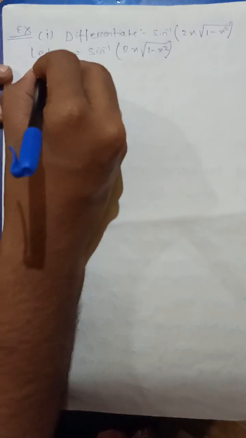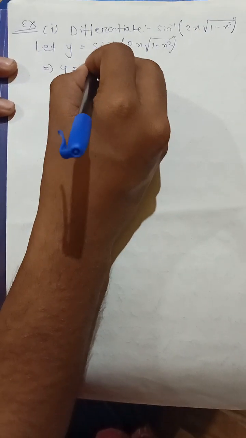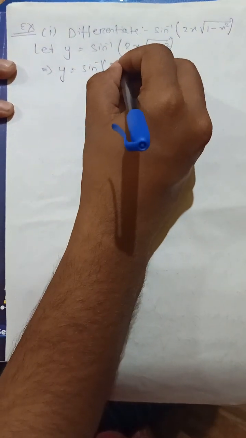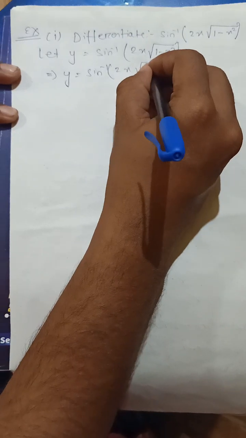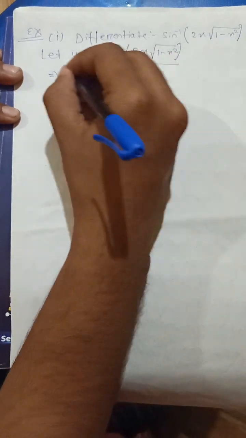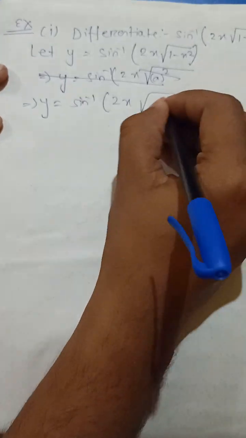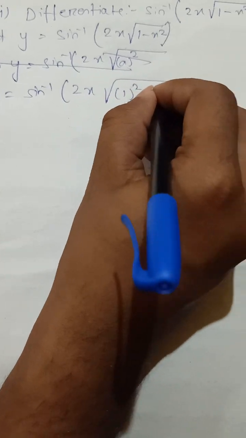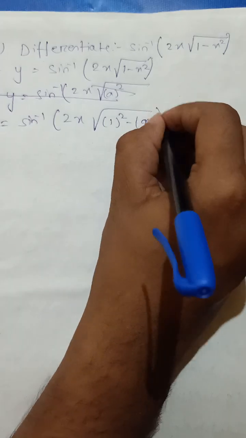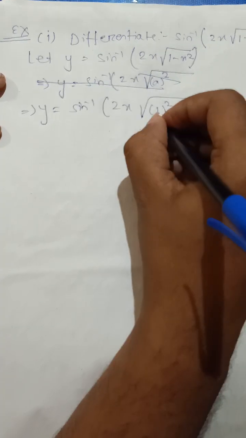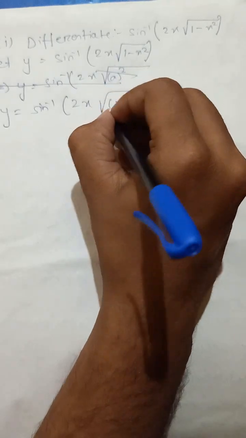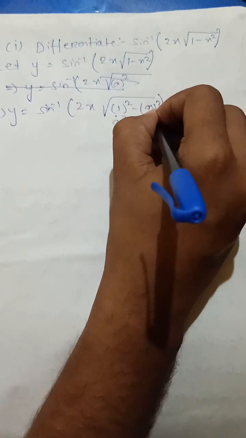You can tell 1 is a constant, so it is in the form of a square minus x square.